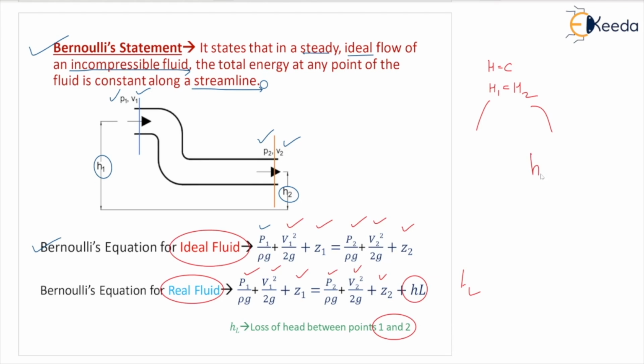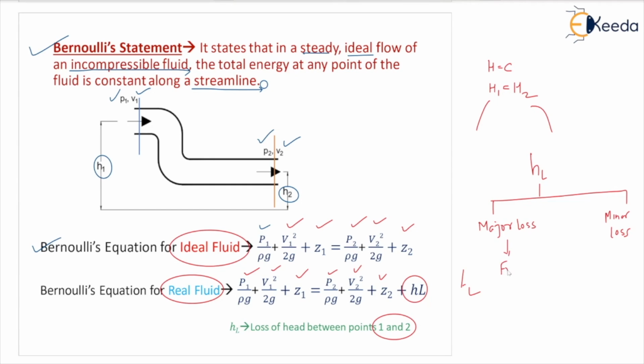So what is coming under HL? Under head loss, we have to consider the major loss and minor loss. Correct? We are going to see the major and minor loss in a later chapter.